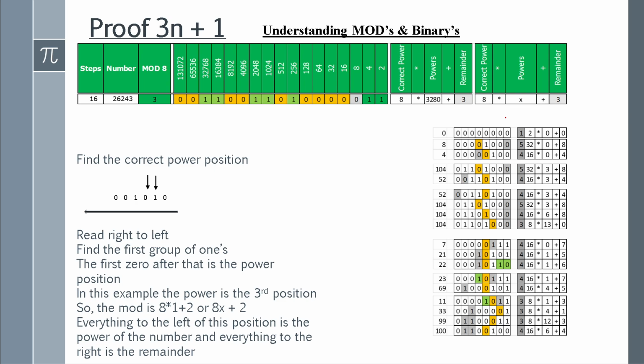But this is what it will look like. It'll show us the step that we're at, the number, what its mod 8 is, what it looks like in binary, and then the correct power, what the power number is, and the remainder. And then I'm going to show you what's happening from an X perspective.